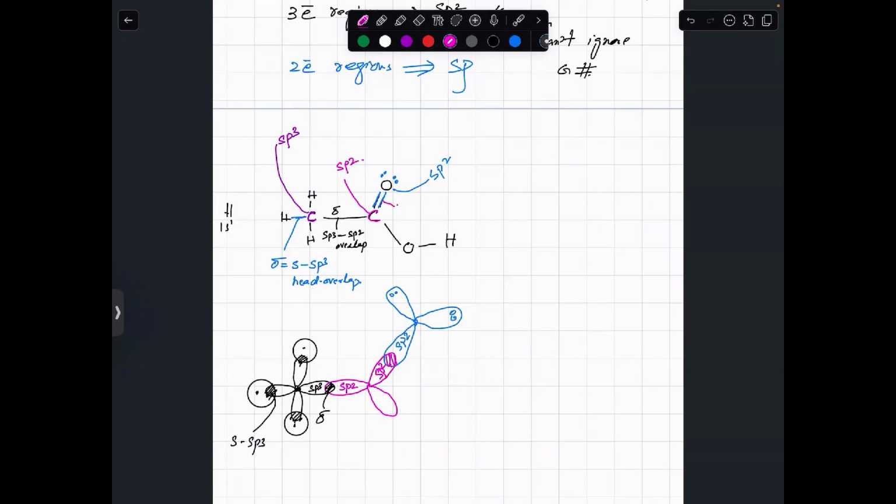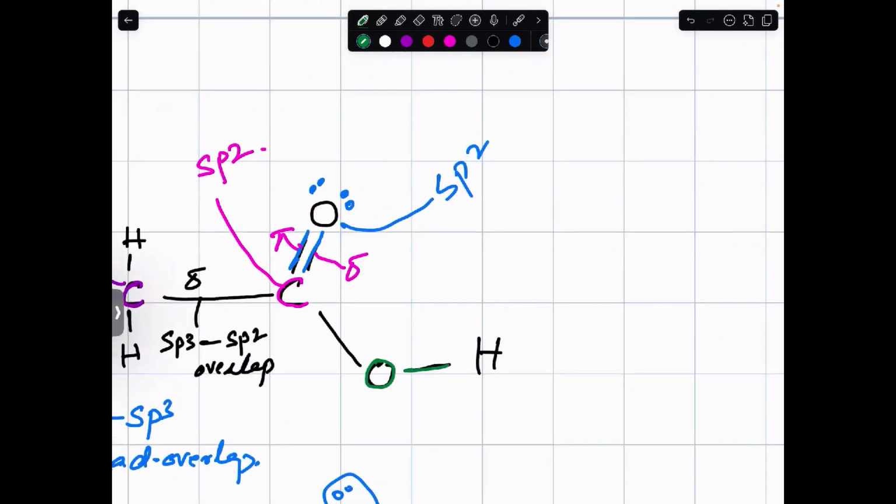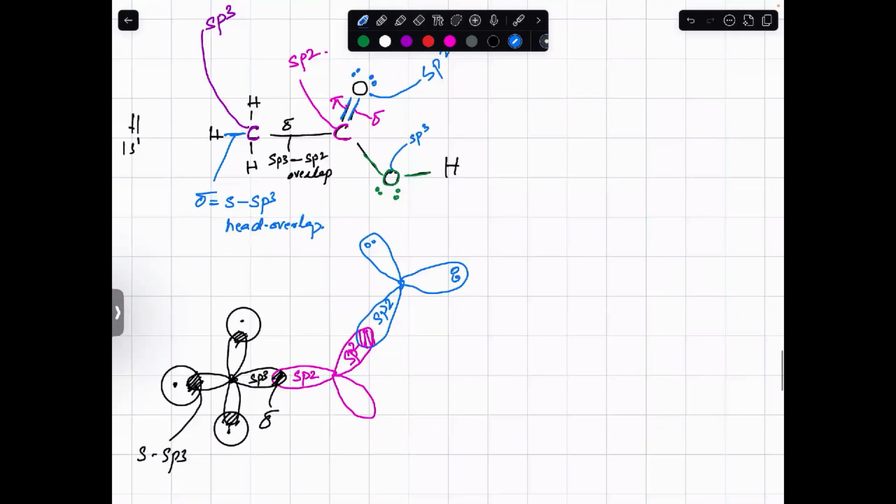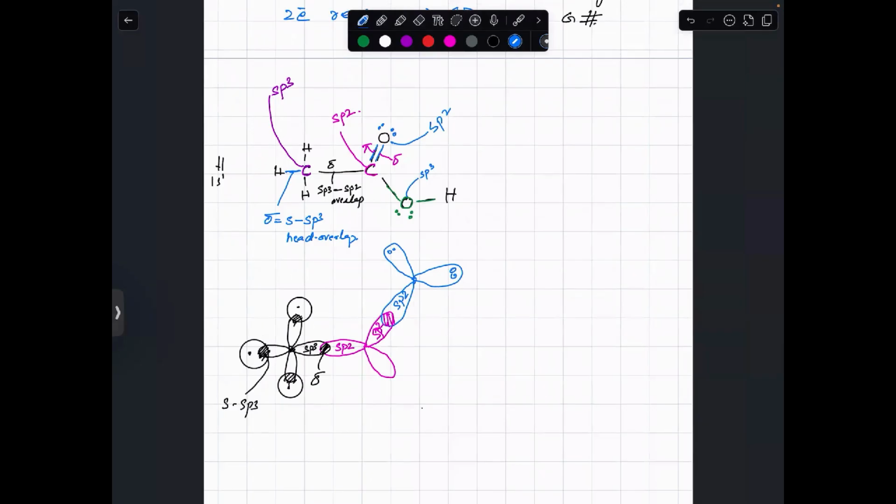And at the end, we will talk about this pi bond. I know this is sigma and this is pi, but I'm not going toward the pi right now. Now look at this oxygen. Group 6. How many regions? 1 region, 2 regions, 3 regions, 4 regions. So hybridization is sp3.